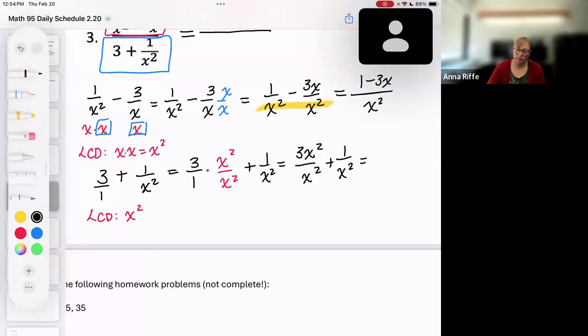So that is adding two fractions that have the same denominator now. So the result gets that common denominator. The numerator is the sum of the numerators of both fractions.